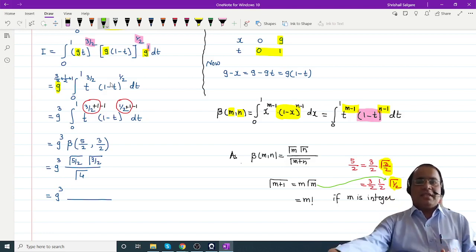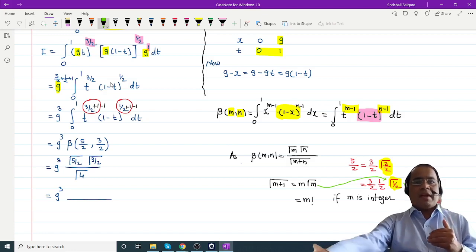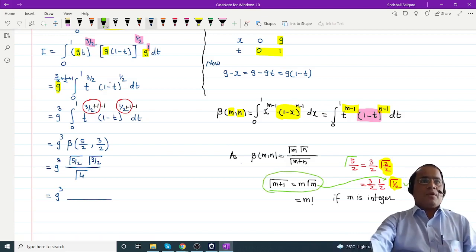So that's why this gamma 5 by 2, I will write, and after practice you can write successively. For gamma 5 by 2, you have to apply this reduction formula or property successively. So you write 3 by 2 into 1 by 2 into gamma 1 by 2.